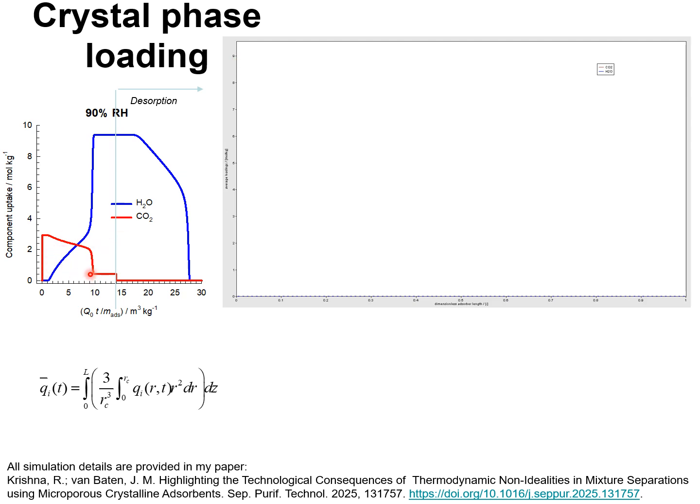The plot of the average loadings as a function of the modified time parameter is shown here. During the adsorption cycle, the CO2 loading is indicated by the red line, and when desorption starts, the CO2 desorbs almost instantaneously, whereas the water loading is much tardier in its desorption process.